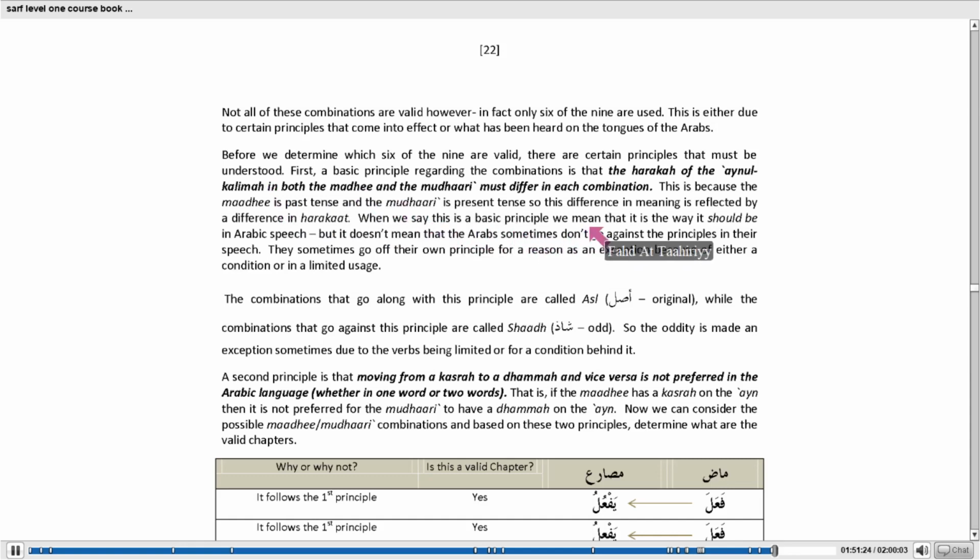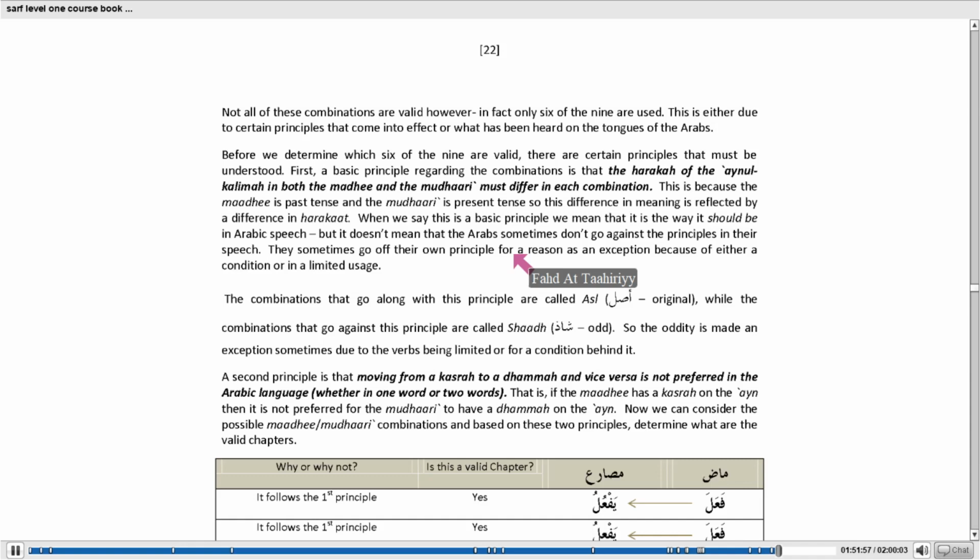When we say this is a basic principle, we mean that it is the way it should be in Arabic speech, but it doesn't mean that the Arabs sometimes don't go against this principle in their speech. They sometimes go off their own principle, as an exception, for a reason. And this is the general principle I told you before, that Arabic speech has principles.